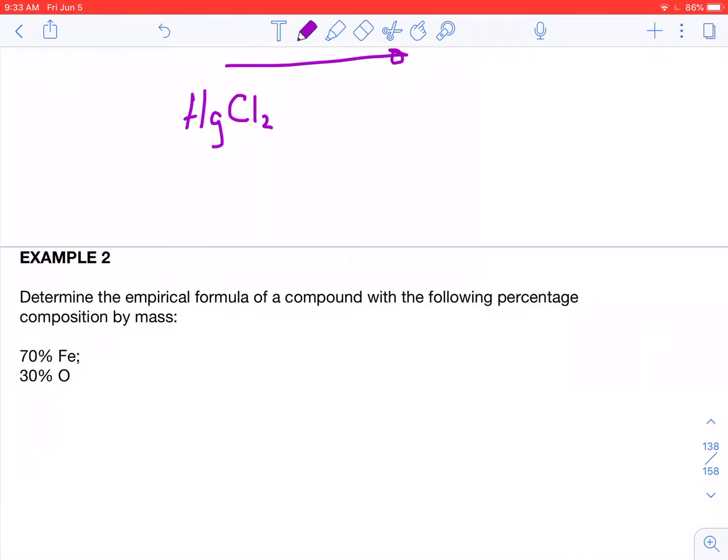But here now, you're given the mass percentage and you have to work out the formula. So we say, what is this formula? We have iron and oxygen, and we don't know the subscripts, but we have to determine them given this.